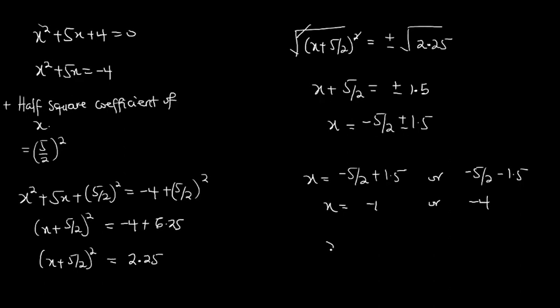So my answers, or the roots of the equation x squared plus 5x plus 4 is equal to 0, are negative 1 or negative 4. Okay, now you can also use the method of factorization to factorize this expression, and you will still get negative 1, negative 4.